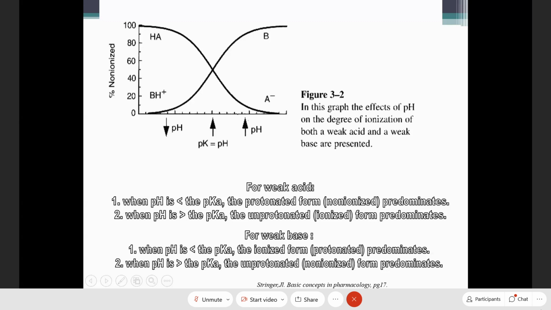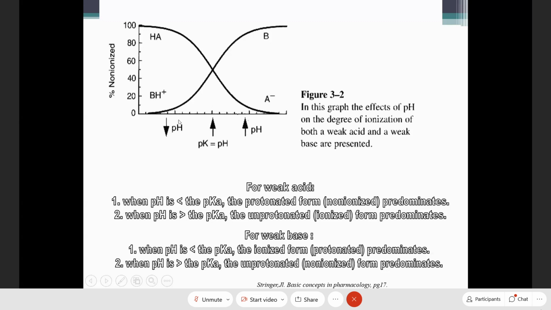As you can see here, the percentage of non-ionized is 100%. When the pH is more than the pKa, it's going to the right; look at this graph. The ionized form predominates.